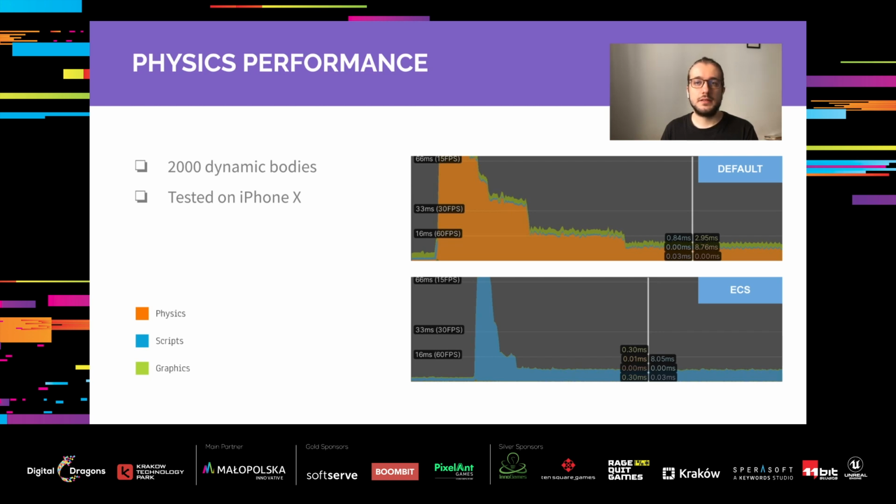As it turned out, although in both cases, ECS and the default Unity physics, FPS went to the roof and achieved its minimal capacity on the phone, ECS stabilized much faster, and in the end, it achieved higher FPS when stable.